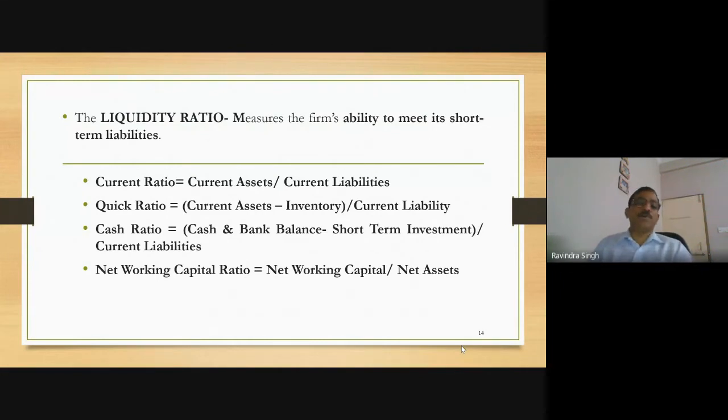These four form the liquidity ratio, which is purely required by any investors. Whereas management will go for all sorts of ratios, because they have to borrow long-term and short-term, they have to generate the capital also, and run the organization also. So for the management, as a manager, every ratio is important.